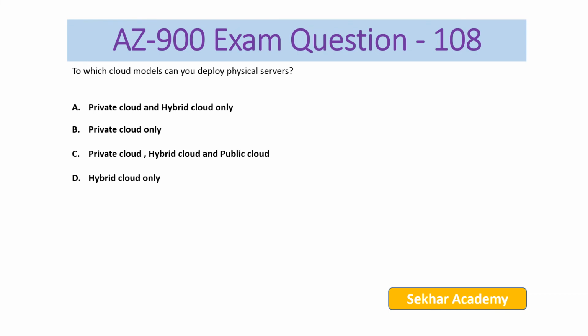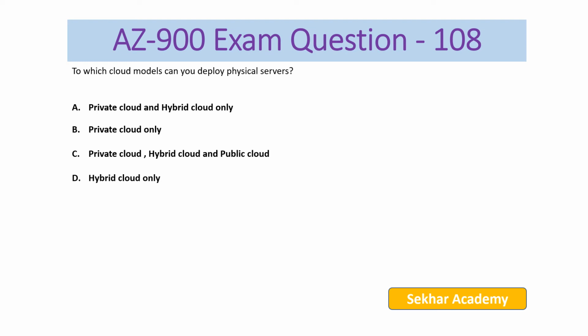AZ-900 exam question number 108. To which cloud models can you deploy physical servers? Options we have: A, private cloud and hybrid cloud model only; B, private cloud only; C, private cloud, hybrid cloud and public cloud; and D, hybrid cloud only.